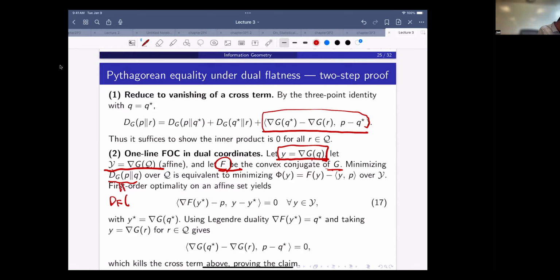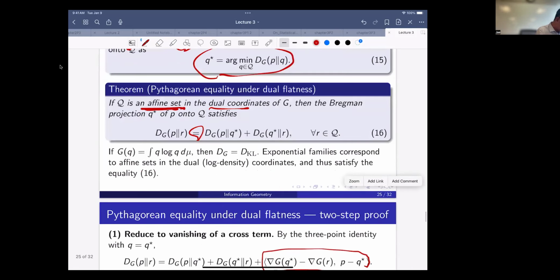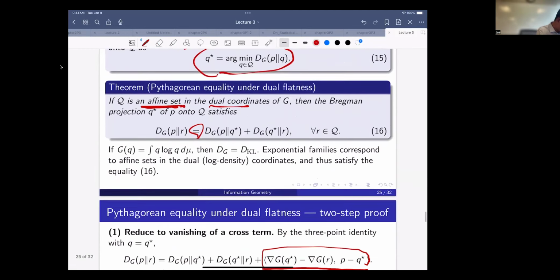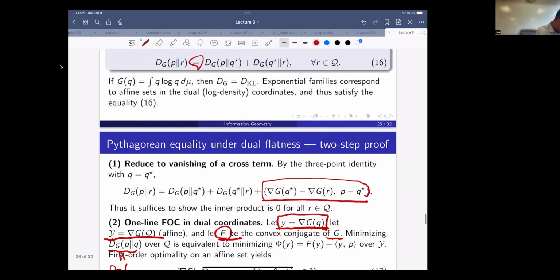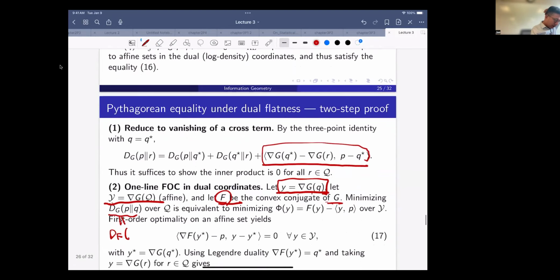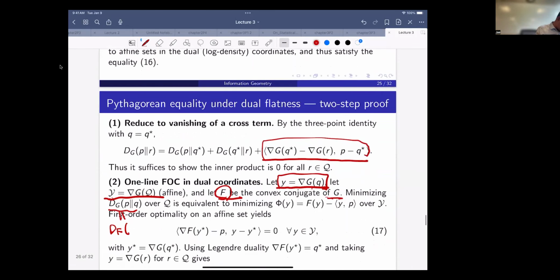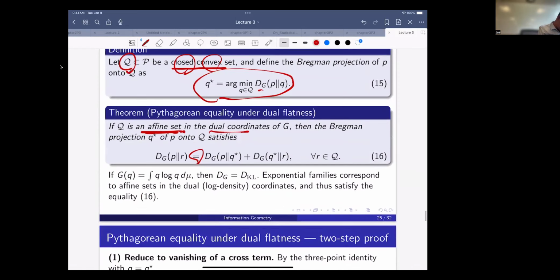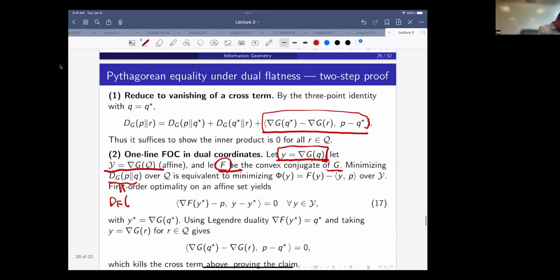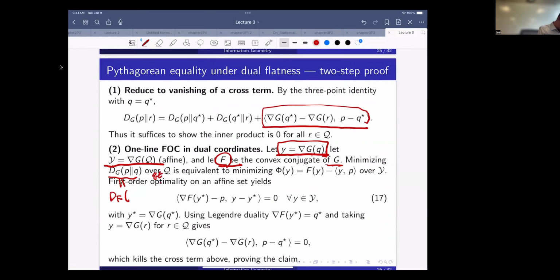So what is fixed? P and Q, with Q in the set of capital Q. I should have put Q in the set of capital Q. Then that means P is fixed, so only Q changes.